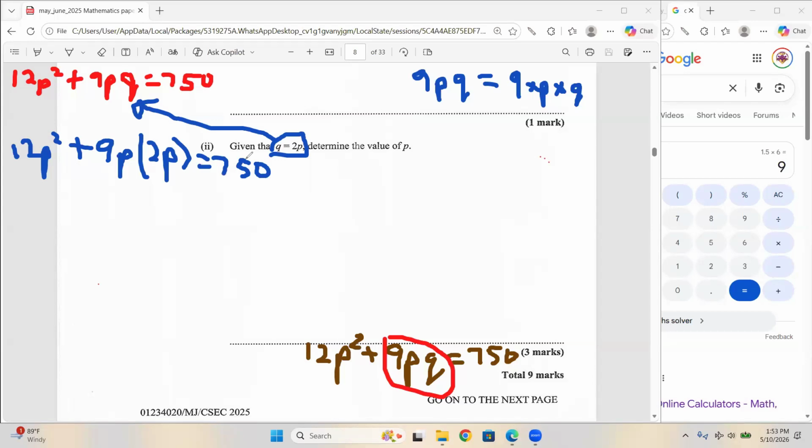All right. So now we could do some form of simplification here. If we multiply 9P by 2P, what do we get? 9 twos are 18, P by P is P squared. Put back the plus, P squared.